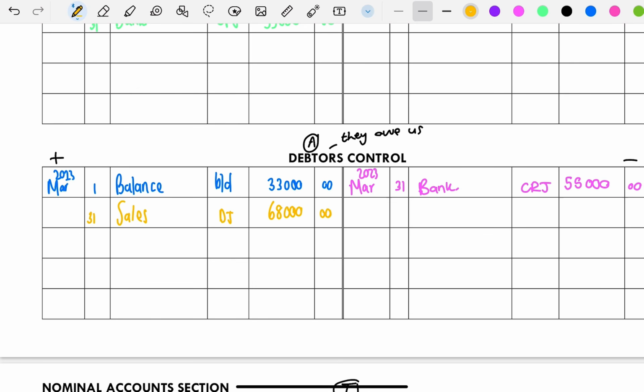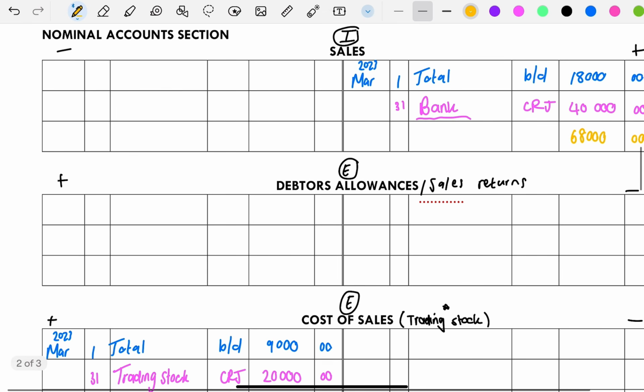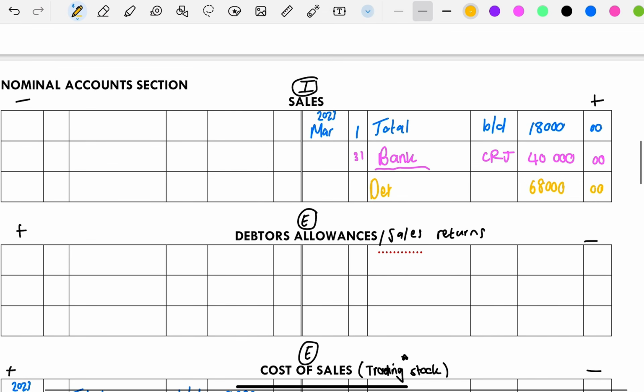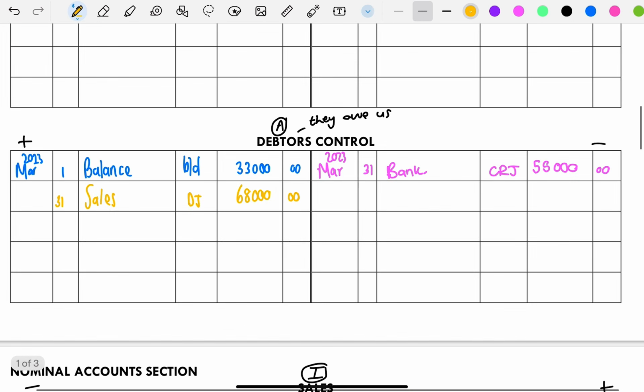So in debtors control, we write sales, and in sales, we write debtors control. Another word they use for this is the contra account. The contra account means what is the corresponding debit of this credit. So if the credit is in sales, where is the debit?